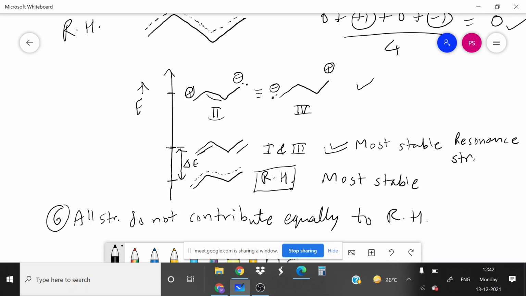The stable structures contribute more to the resonance hybrid, and less stable structures, less stable canonical forms, less stable resonance structures contribute less to the resonance hybrid. Now you tell me, out of structures number 1, 2, 3, 4, which structures contribute more to the resonance hybrid?